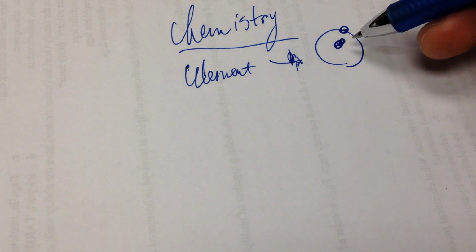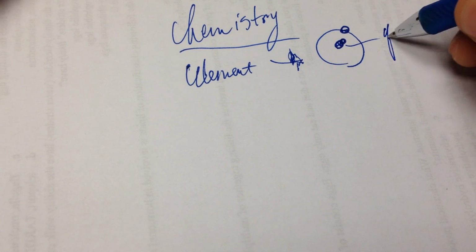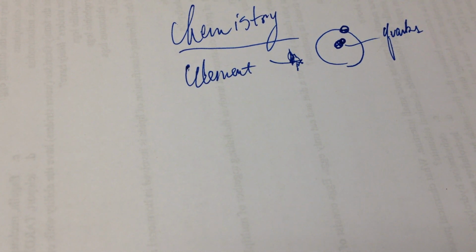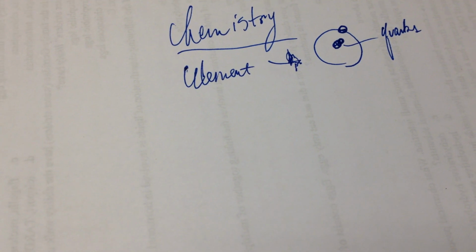Now, protons and neutrons are actually made up of quarks. I don't know if you remember this, but we talked about it when we briefly discussed quantum mechanics, quantum physics, and essentially that's just getting a little bit smaller with these things, right? You can't get much smaller than electrons, but protons and neutrons are actually made up of quarks. This isn't overly important to biology, but it's a neat thing to know because you hear that word on television a lot, and most people have no idea what it means.